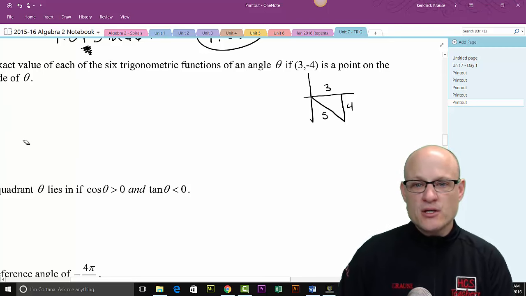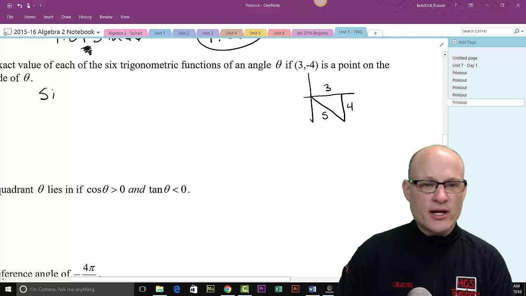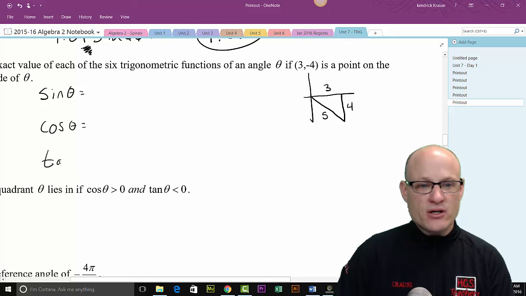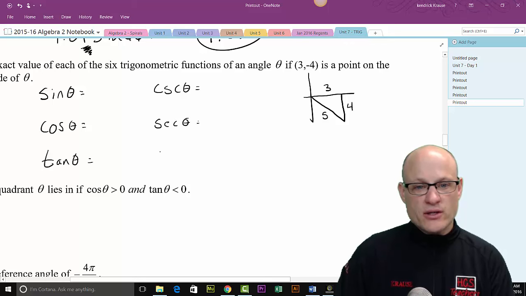So now what I want to do is find the 6 trig functions. So sine of theta equals, cosine of theta equals, tangent of theta equals, secant of theta equals, the cosecant, and a brain fart there for a second, cotangent of theta equals.